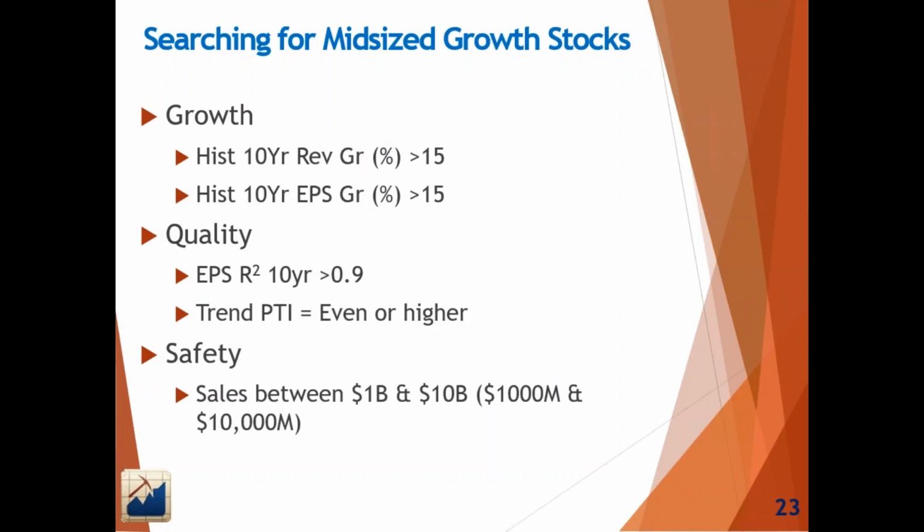So by saying that we want the R squared of the earnings per share growth to be greater than 0.9 means that it's going to look pretty straight. The 10 years of earnings on our graph are going to be very close to a straight line, not a whole lot of variability there. And that's just a way of measuring the stability and quality of earnings per share.